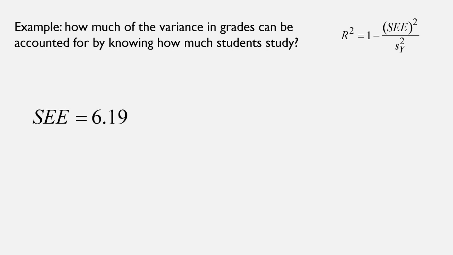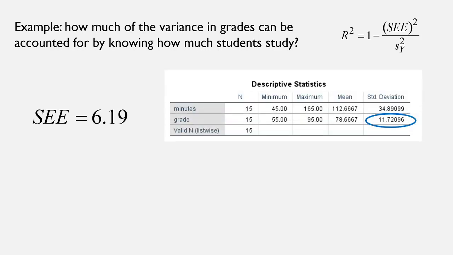Okay, so to show you an example of how you could use this from the example that I just used to figure out the proportion of variance shared between your variables. Again, to do this, you would need your standard error of the estimate that we've already computed. You would need your standard deviation of y.